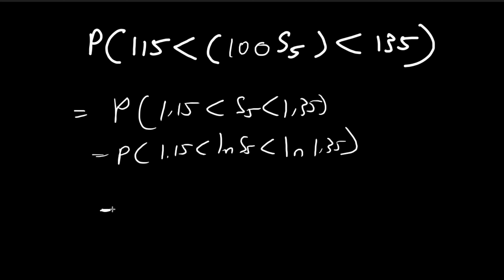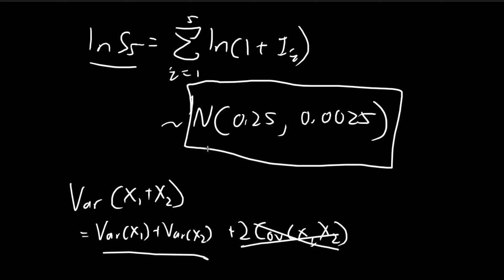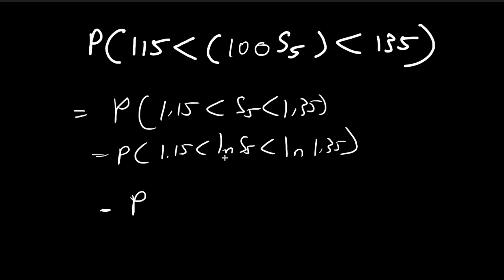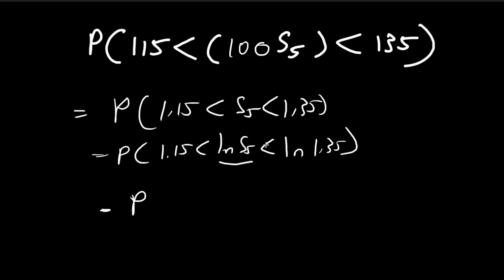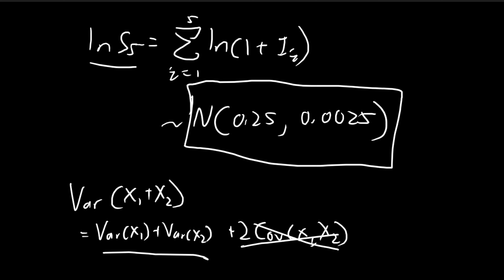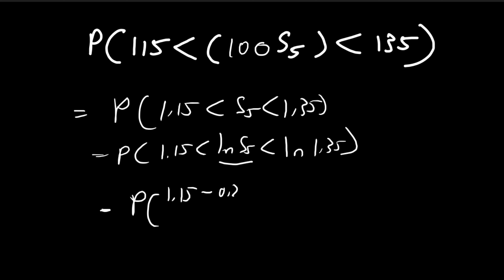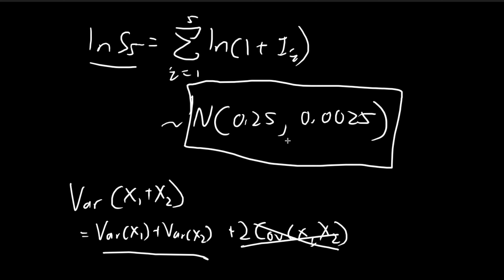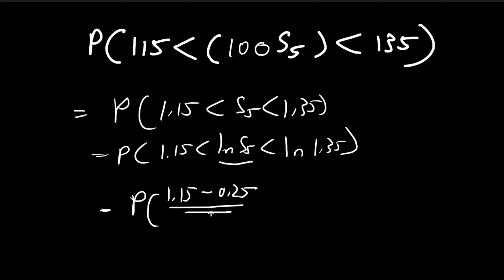From the calculations that we did before, we know that this is a normal distribution, and in order to evaluate the probability of a normal distribution, all we have to do is normalize this term, and then we can use our normal tables. To normalize everything, we subtract the mean, 0.25, from both sides and then divide by the standard deviation, the square root of 0.0025.